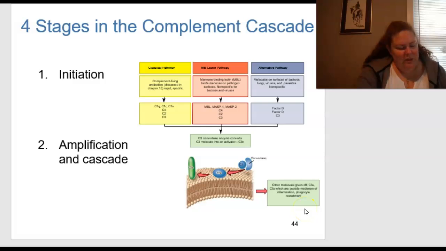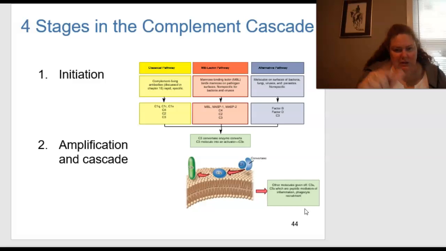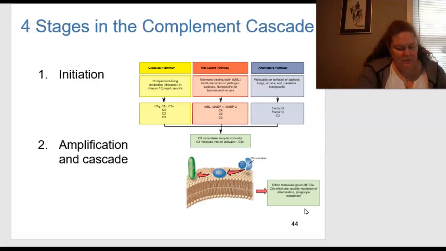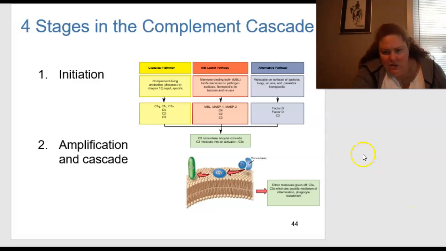Then C5b becomes bound to the membrane and serves as a starting material for the chain of events that are going to be shown in the next picture. And so C3a, it's not showing it, but this guy, C3a and C5a, have additional inflammatory functions. Both molecules stimulate mast cell degranulation, and they enhance the chemotaxis, or the chemical moving, of white blood cells, and they act as inflammatory mediators also.